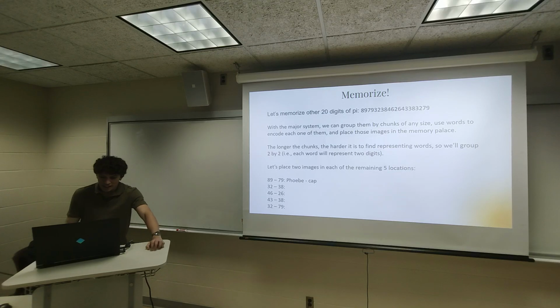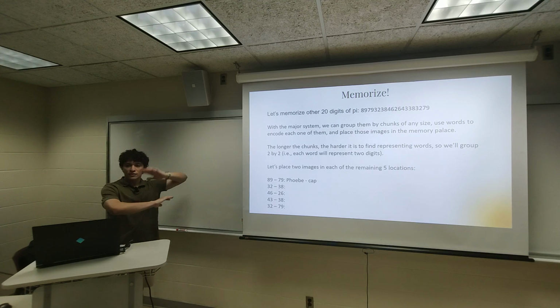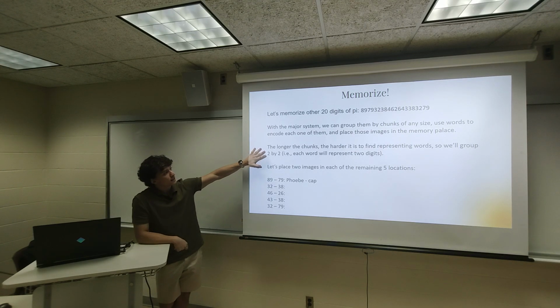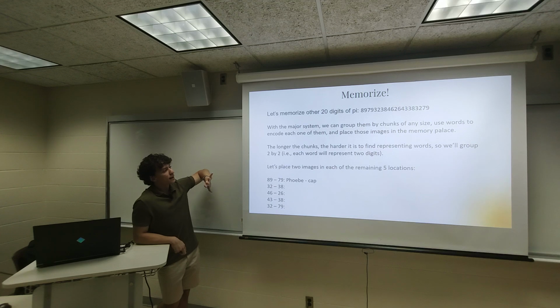These are the digits 89, 79, 32, 38, 46, 26, 43, 38, 32, 79. With the major system, we can group them by chunks of any size, but we're going to choose to encode them 2 by 2 because it's easier that way, and it's still somewhat efficient.